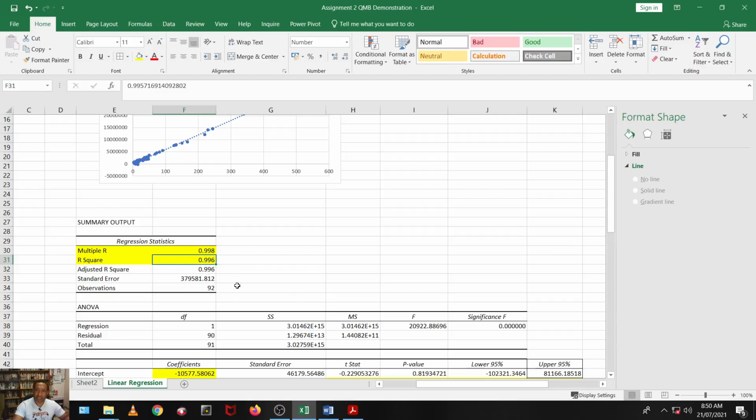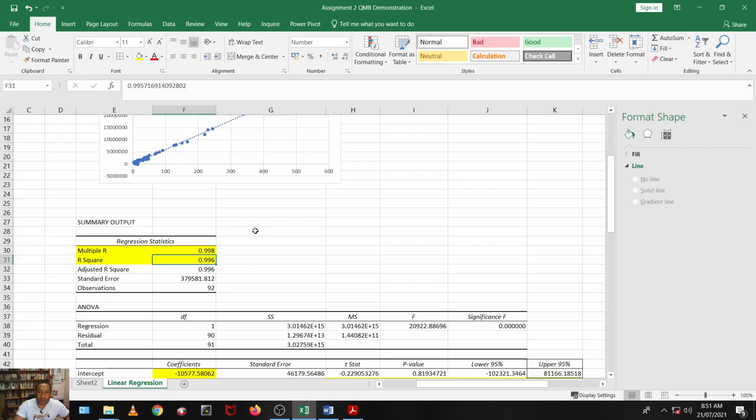This means that 99.6% of the data observed in our analysis here can be explained by this regression model. Okay? That's one way. Another way of explaining it, which I think is much more vivid, is that 99.6% of the variation in profits generated can be explained by the variation in the number of full-time staff employed. So in other words, differences in the number of employed staff explain almost all the differences, 99.6%, in the profits generated.